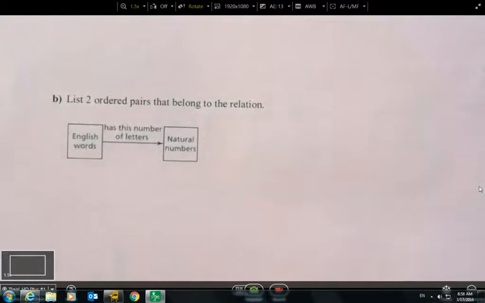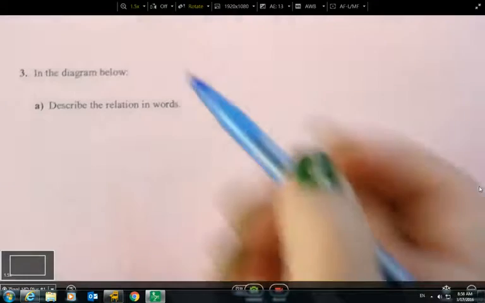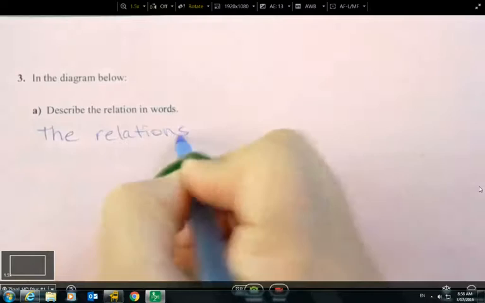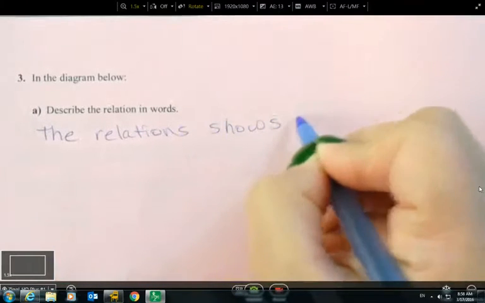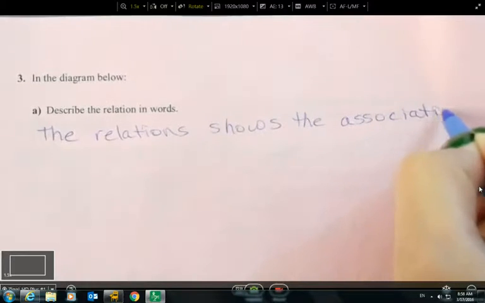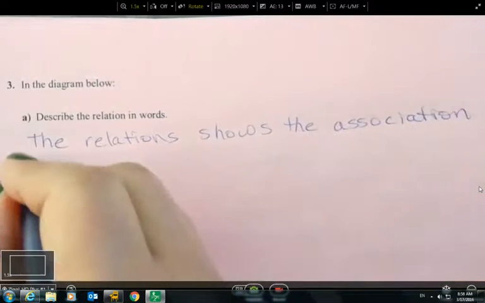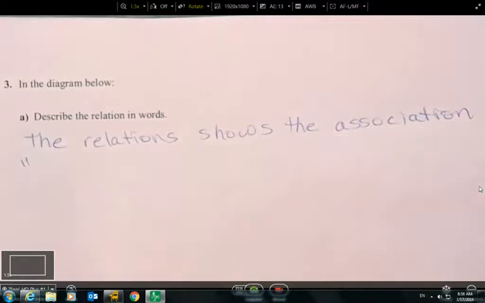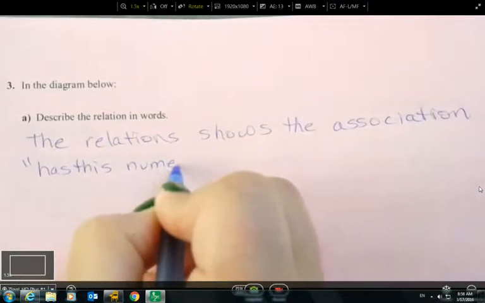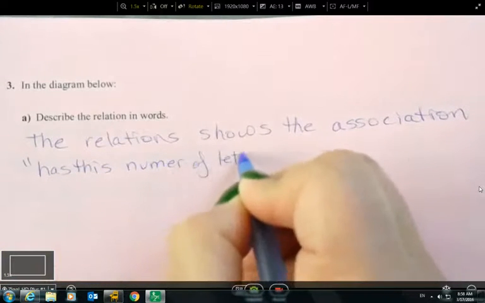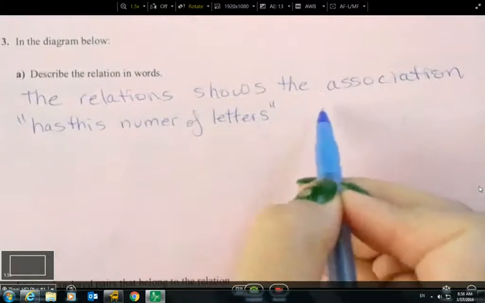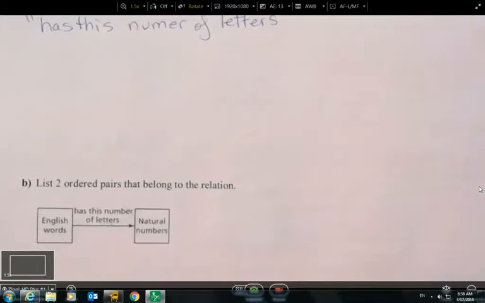So this relation shows the association, so you give the title, this number of letters. So you write, this relation shows the association, and then this is the title that we see on our arrow diagram.